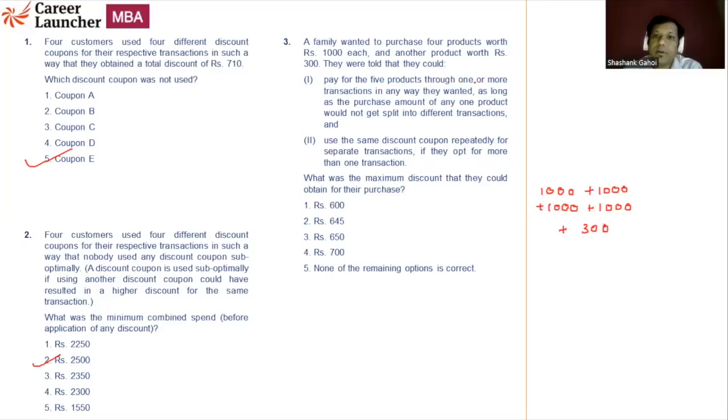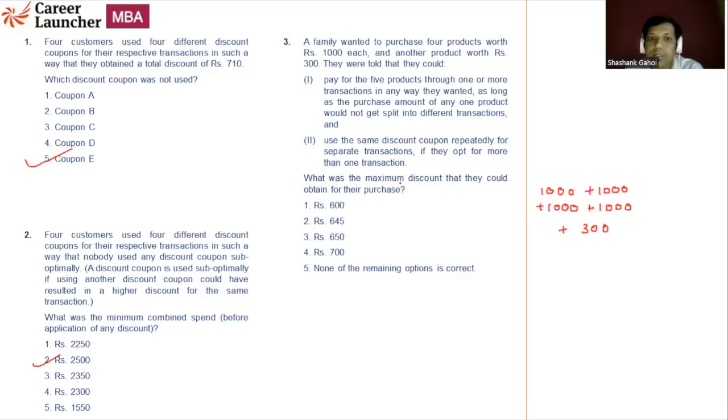Pay for the 5 products through one or more transactions in a way that they wanted, as long as the purchase amount of any one product would not get split into different transactions. Use the same discount coupon repeatedly for the separate transactions if they opt for more than one. What is the maximum possible discount that they could have obtained for their purchase?